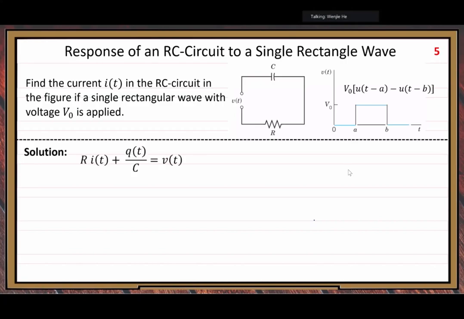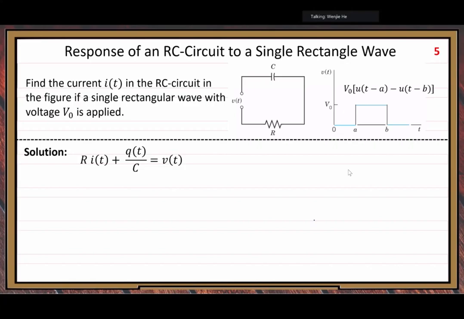Let's look at the equation. R component. We call it the voltage drop, right? Remember, here we need to recall the Kirchhoff theorem.